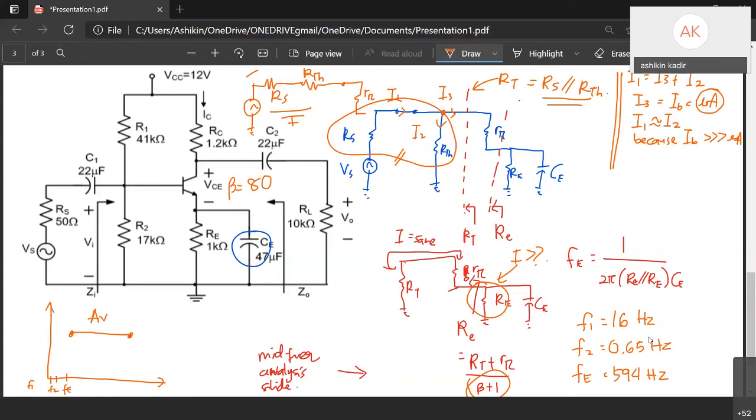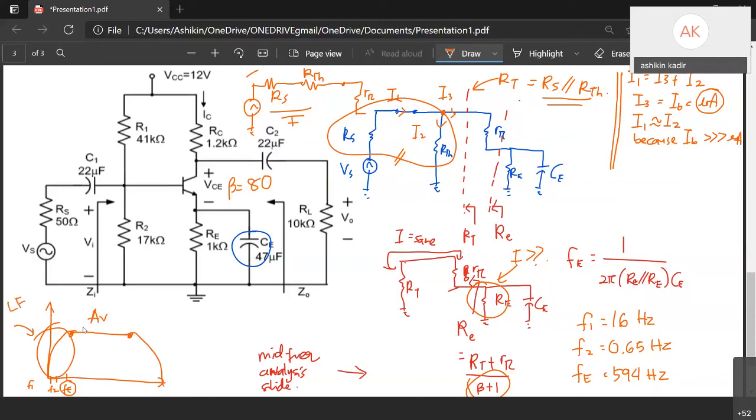So FE is the nearest to the mid-frequency region. So you can take into consideration only FE to roughly draw your Bode plot, because before the capacitors fully charge, it will give you various frequencies during low frequency.